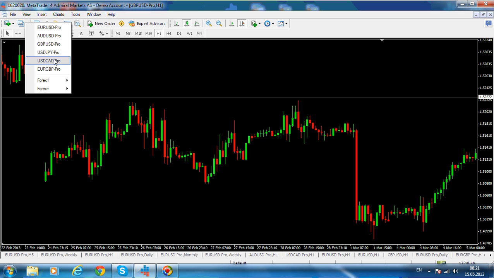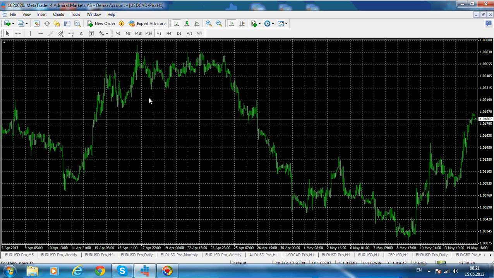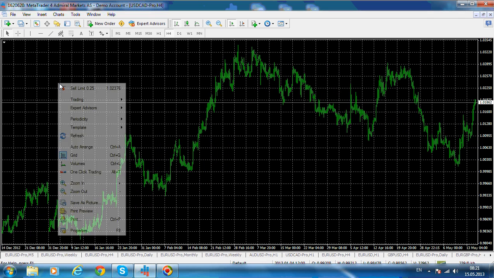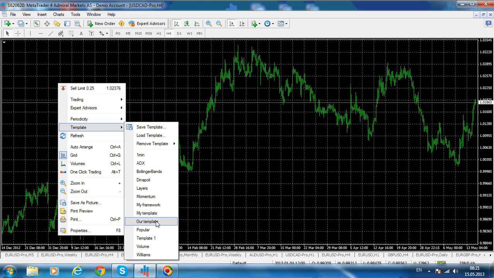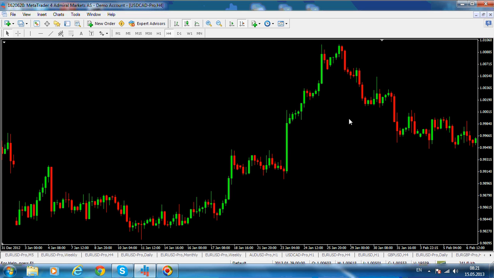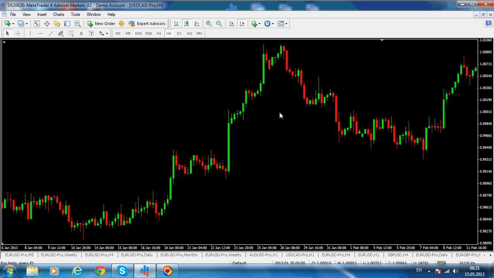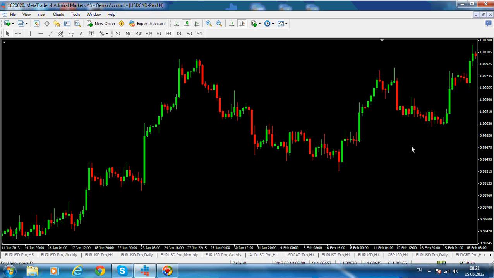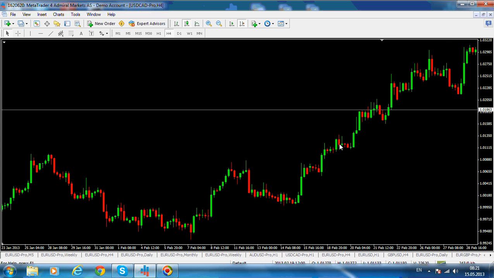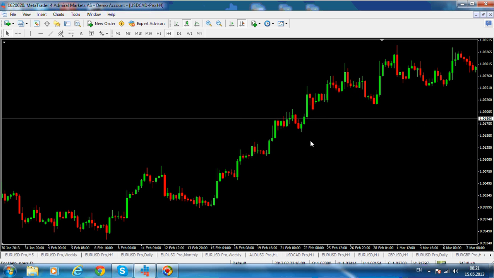Let's take a look at the US dollar Canadian dollar, for example. Let's make it a 4-hour chart. And let's take our template. And we are taking a look at a possible evening star formation.